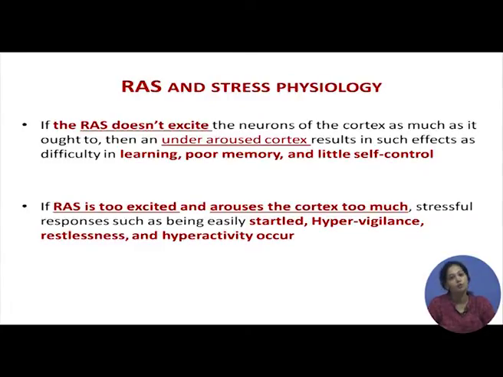That is, an individual may be easily startled, may become hypervigilant, may be restless and also very hyperactive. Now, as you understand, the over arousal of the reticular activating system is very much related to the vigilance response or the over arousal responses that happen during a stressful situation.